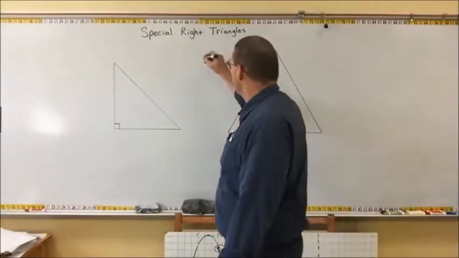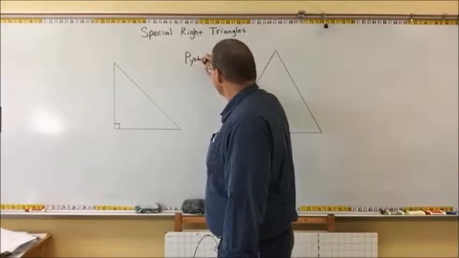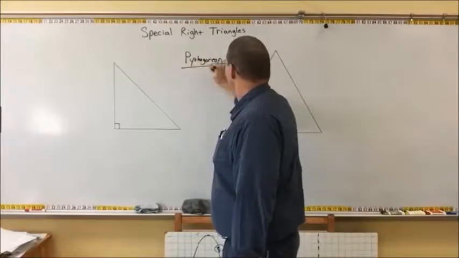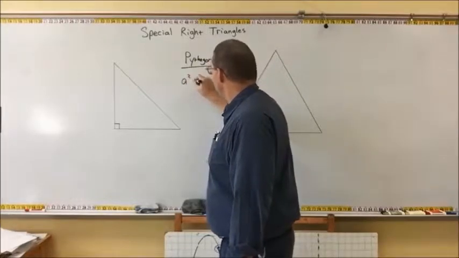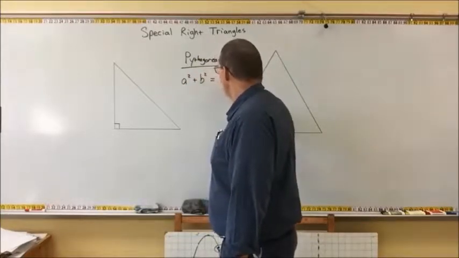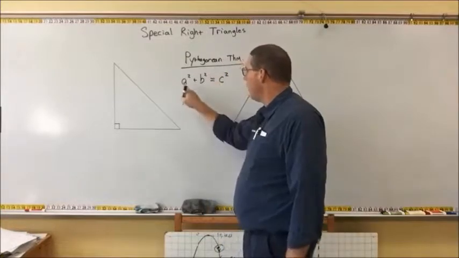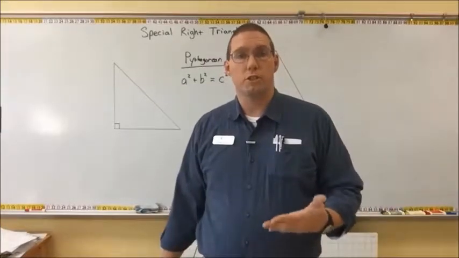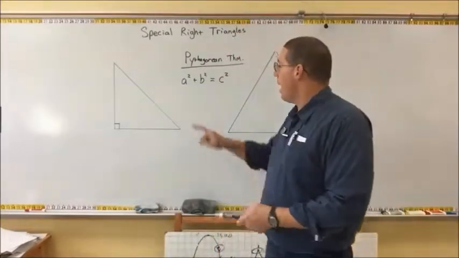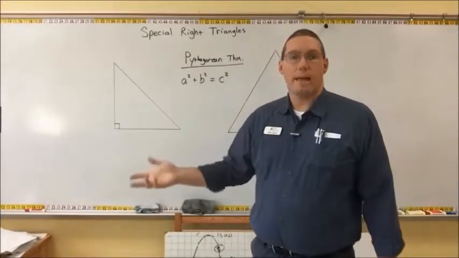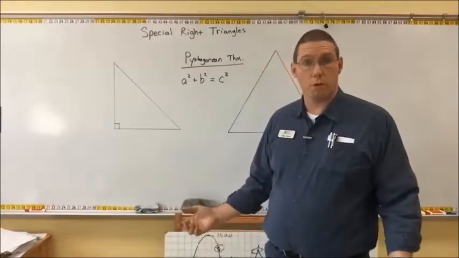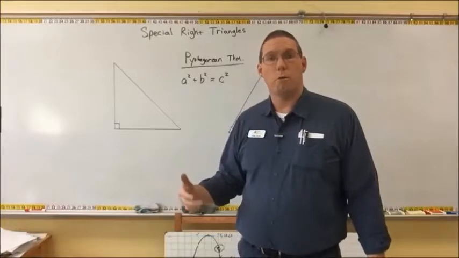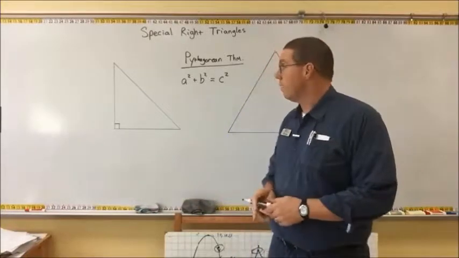The Pythagorean theorem is a squared plus b squared is equal to c squared, where a, b, and c are the three sides of a right triangle. In particular, a and b are the legs, the shorter sides, and c is the hypotenuse, the longer side of a right triangle.